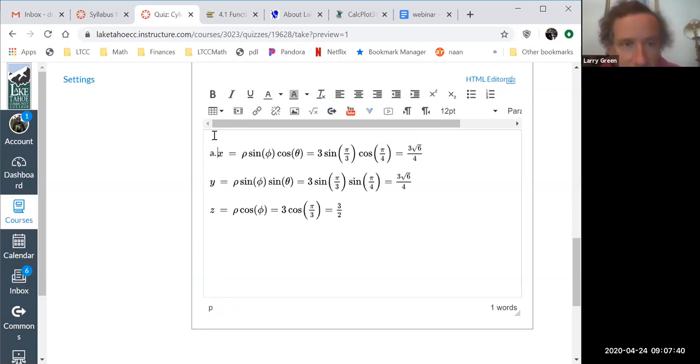Okay, I guess I should call that part A. And now let's go to part B. Any questions on converting? And I guess if you want to make it prettier, we can do that. We can say 3 root 6 over 4, 3/2. Let's put this in.